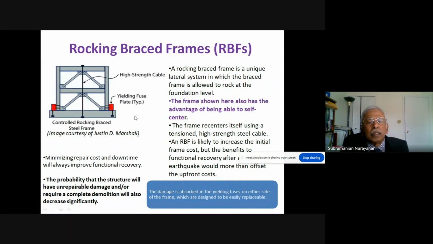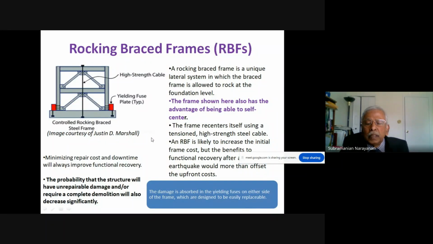Another thing which has been developed is the controlled rocking braced steel frame. The rocking braced frame is a unique lateral system in which the braced frame is allowed to rock at the foundation level. The frame shown here also has the advantage of being able to self-center because of this high-strength cable.